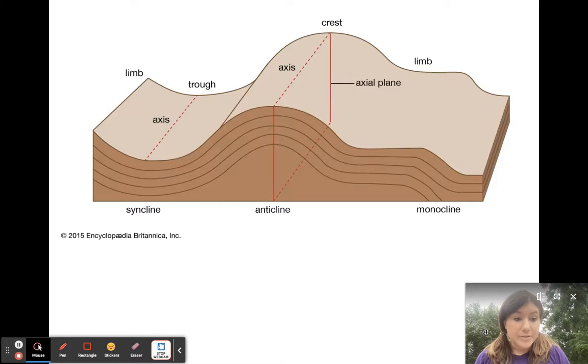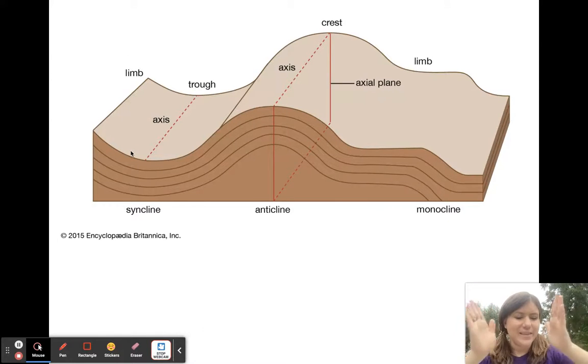If the deformation is happening deeper in the earth or at a different type of boundary, you might not get faulting. Faulting happens with really brittle rocks. You might instead get folding that will occur. And folding will give you something that looks more like this. Instead of the rocks breaking, they'll bend. And when they're bending downwards, here like on the left, you get a syncline.